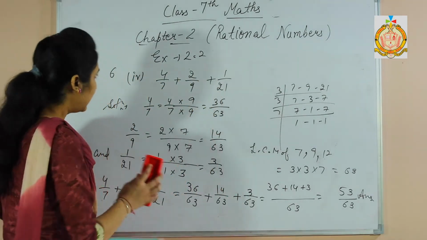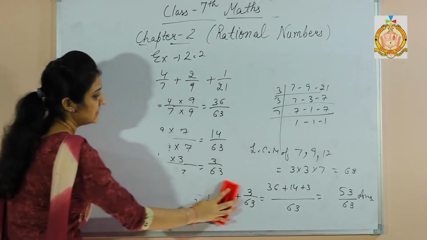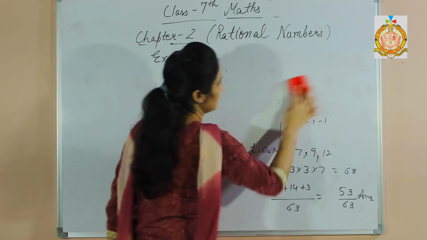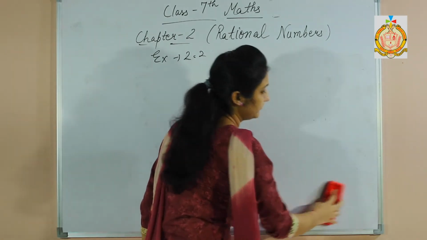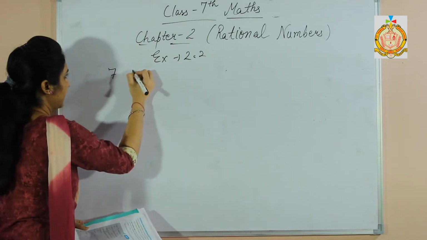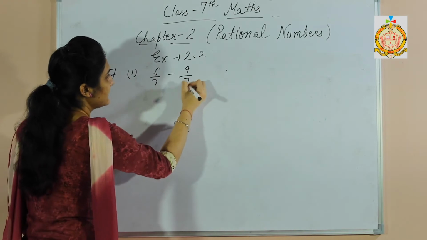Next, in the 7th part we will do the subtraction. 7th part is similar but there is subtraction. The first question is 6 by 7 minus 9 by 7.